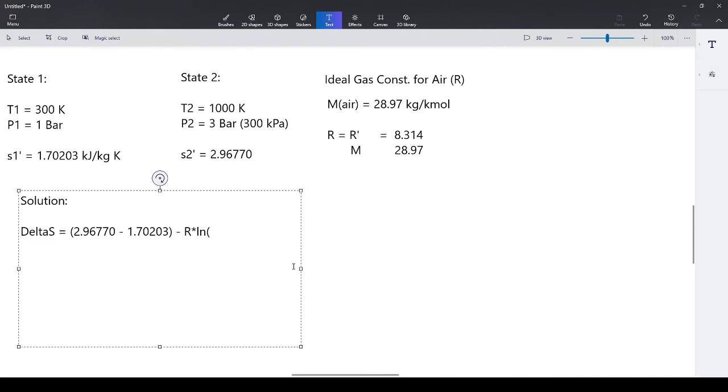So our second pressure, P2, is 300. I'm just going to put it in kilopascals because I always like to work in kPa. Even though it wouldn't have mattered here, it would have been 3 over 1 no matter what, but I've always worked in kPa. And then R here is 8.314 divided by 28.97.